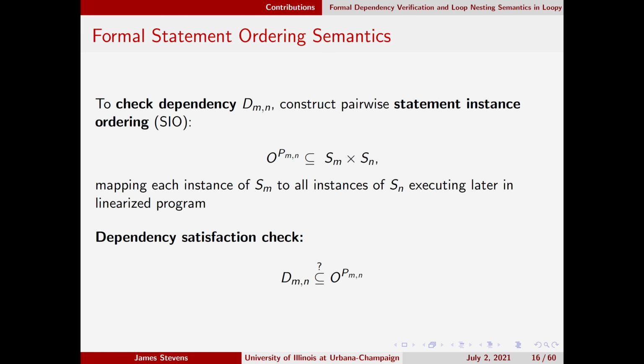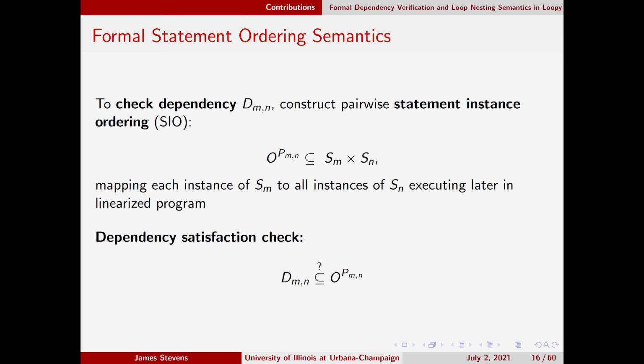In order to check whether a dependency between two statements has been violated by a given program ordering, we construct a pairwise statement instance ordering, or SIO, which represents the ordering of these statement instances as a mapping from each instance of statement M to all instances of statement N that occur later in the ordering.